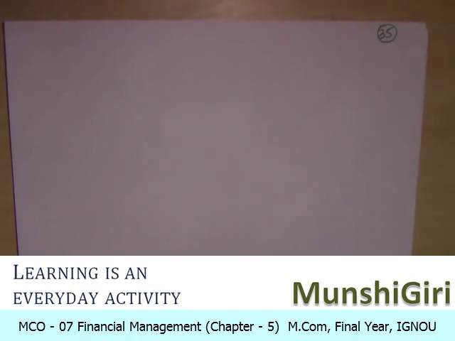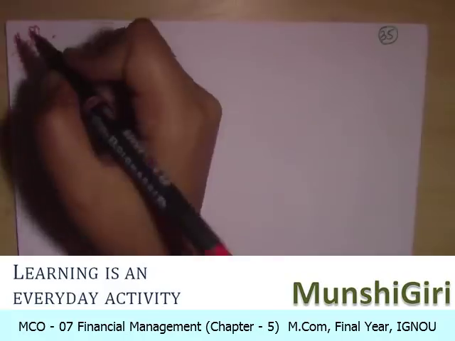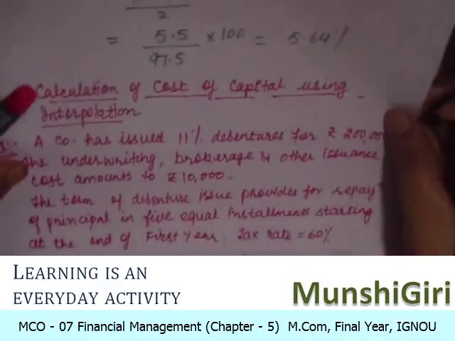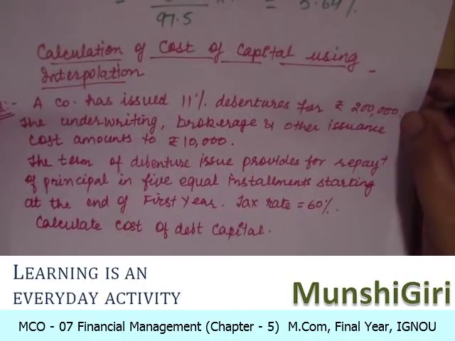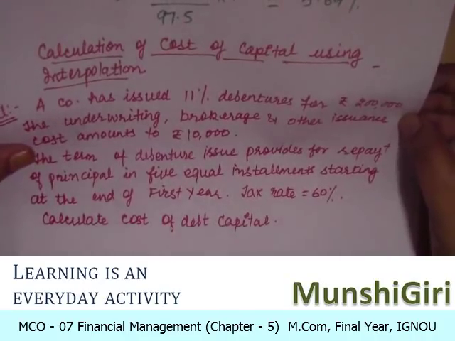Okay, so I've kept the question aside and let's do the solution here. So first of all, let's see how much the company will receive as an inflow. A company has issued 11% debentures for rupees 2 lakh. The underwriting, brokerage and other issuance costs amount to rupees 10,000.